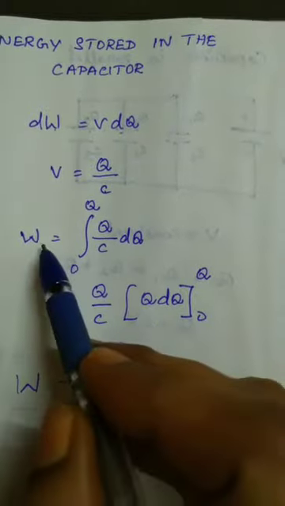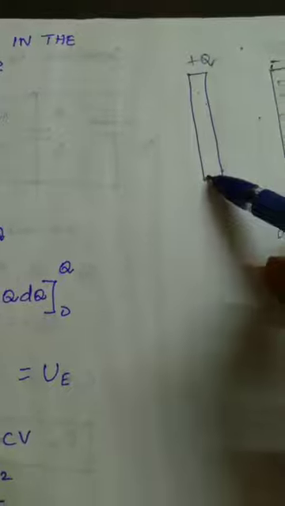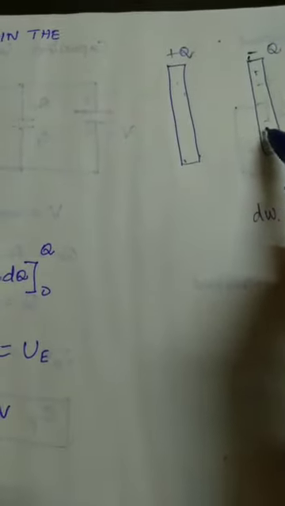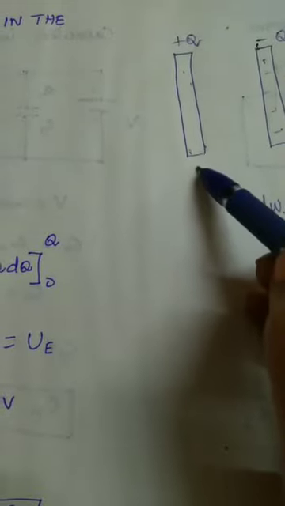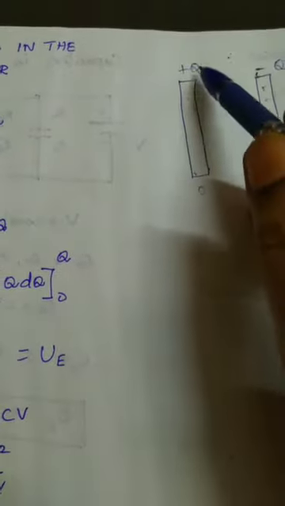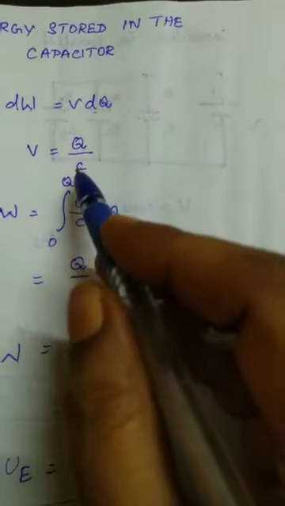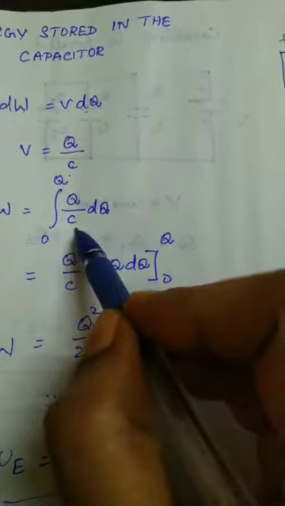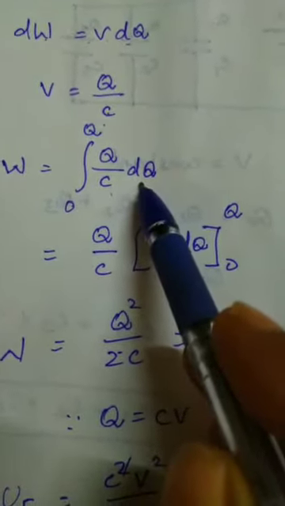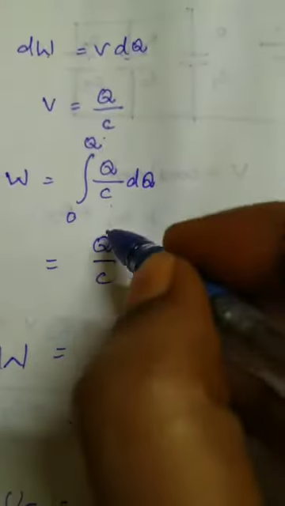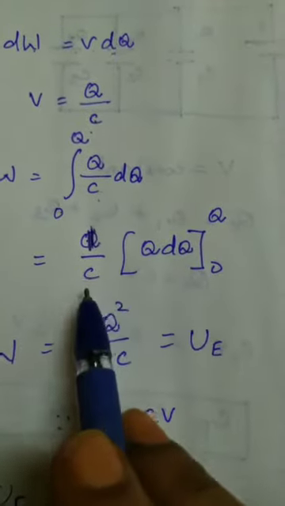Substitute in here, W is equal to the integral, because this plate contains no charge now. Now only the charge is going to transfer from here to here. So the charge goes from 0 to the amount of charge Q. So the limit will be 0 to Q, of Q by C dq, right? 1 by C, C is a constant, take it out.